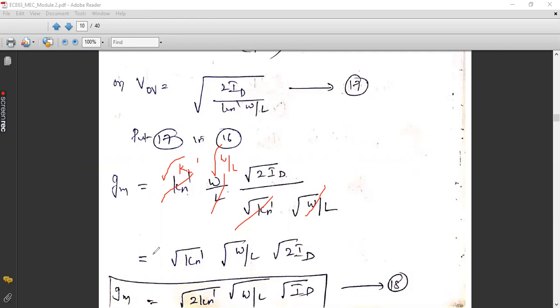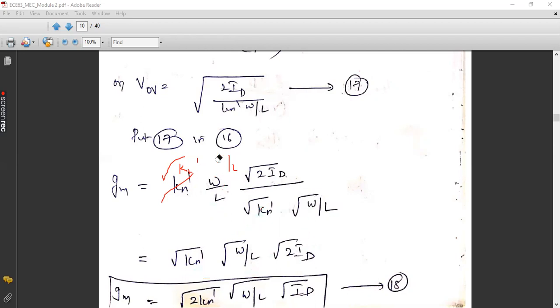So your final equation for GM is square root of Kn dash, root of W by L, root of 2 ID. For convenience, I will always take this 2 along with the Kn dash since it is constant. So the final equation can be written as square root of 2 Kn dash, root of W by L, root of ID.